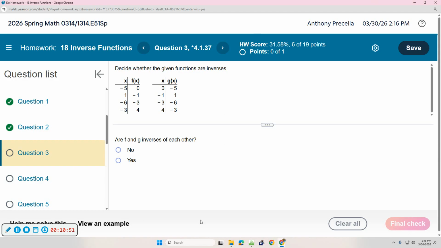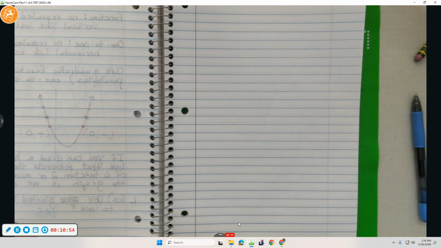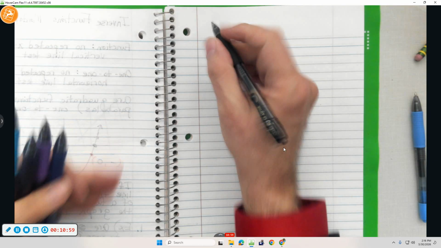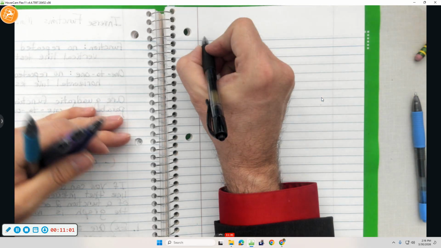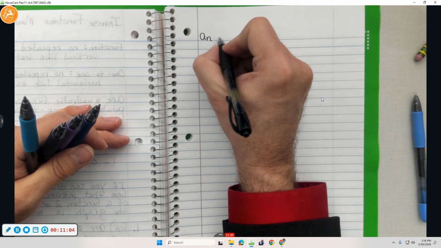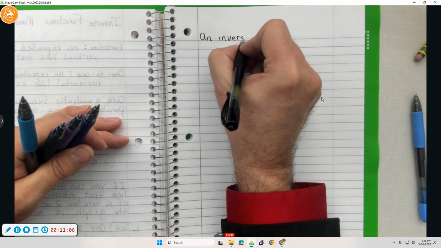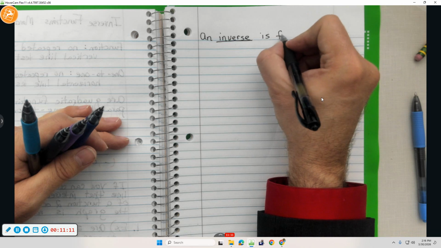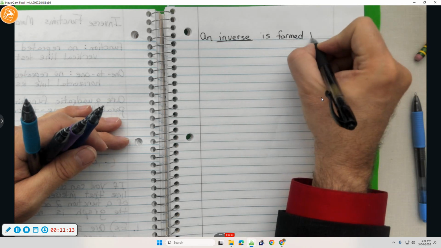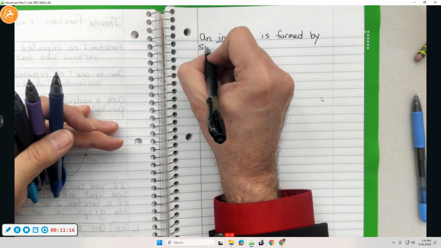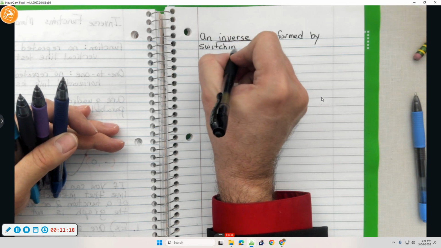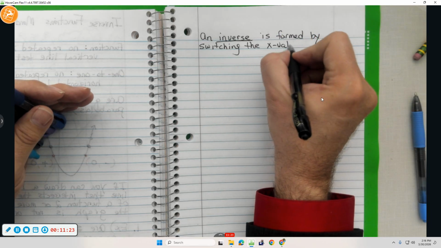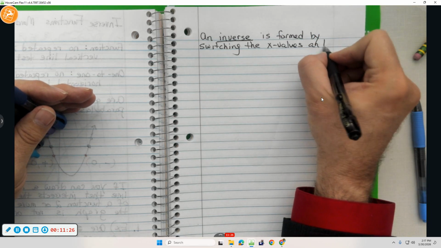Okay, now I need to define the word inverse. The name of this assignment is inverse function. So an inverse is formed by switching or reversing the x values and the y values.